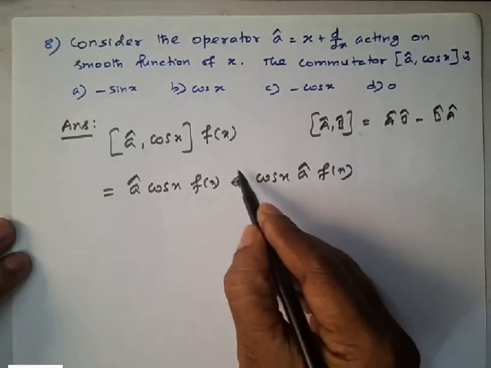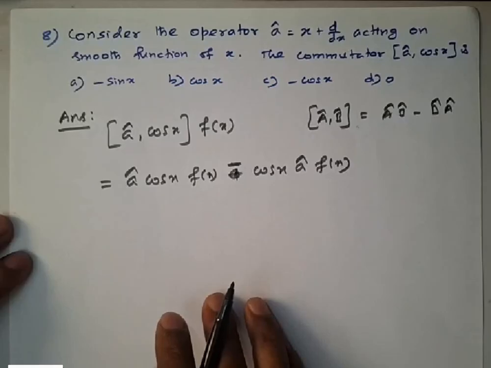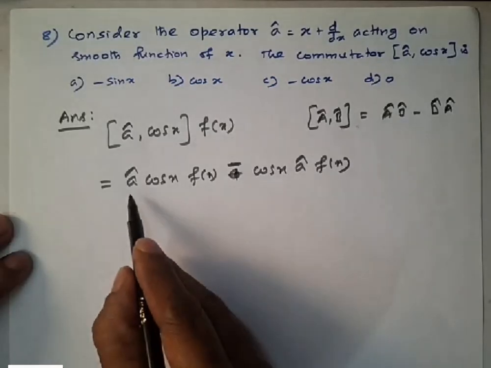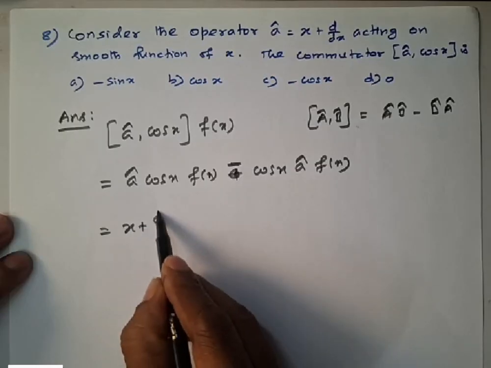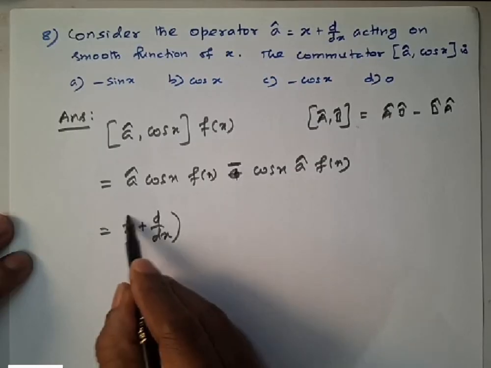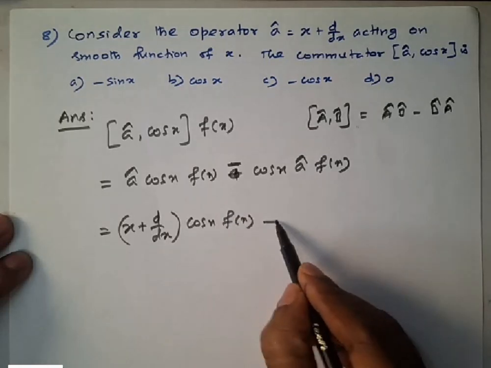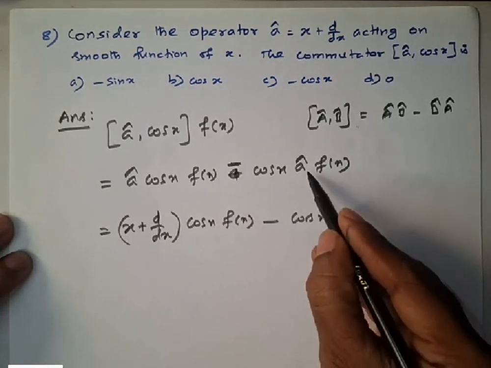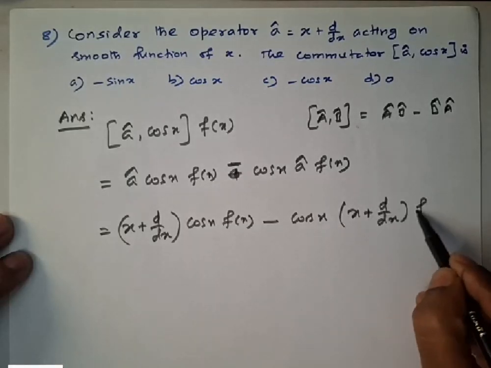What is the A operator? A is x plus d by dx into cos x into f of x, minus cos x into A, that is x plus d by dx, f of x.